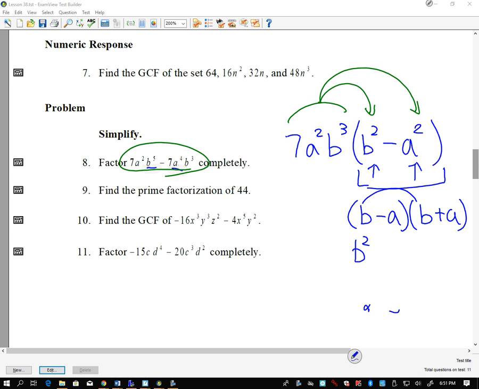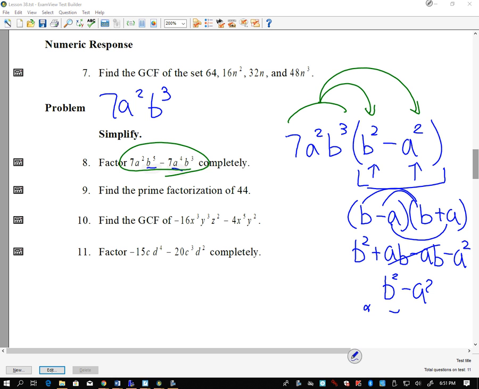B times a is positive ab. Negative a times b is negative ab. And negative a times positive a is negative a squared. These cancel out, leaving me with b squared minus a squared. So our final answer here is 7a squared b cubed times b minus a times b plus a.